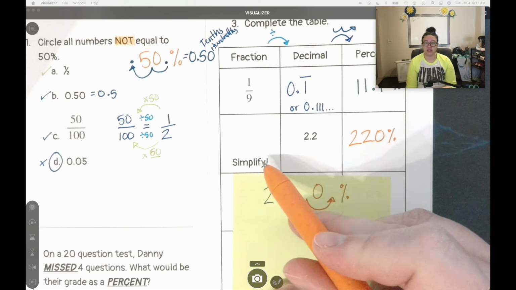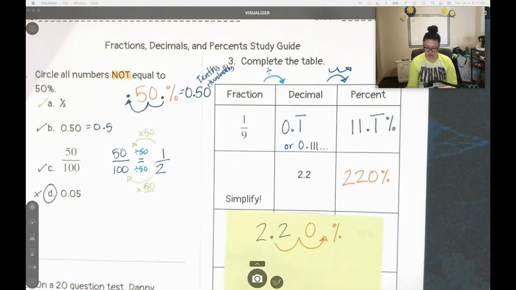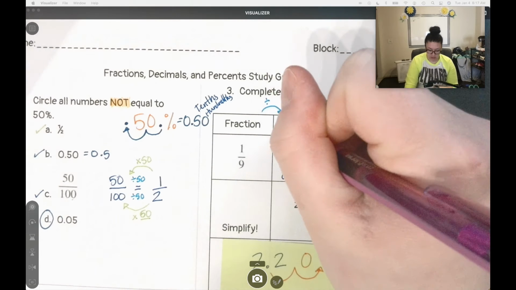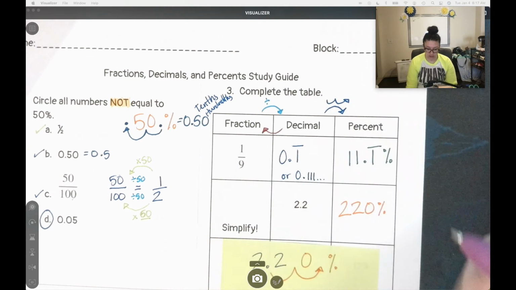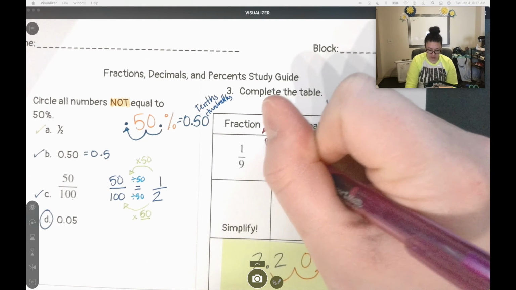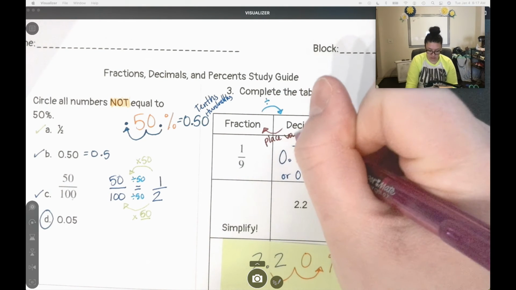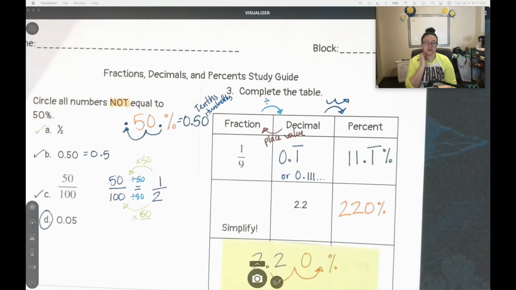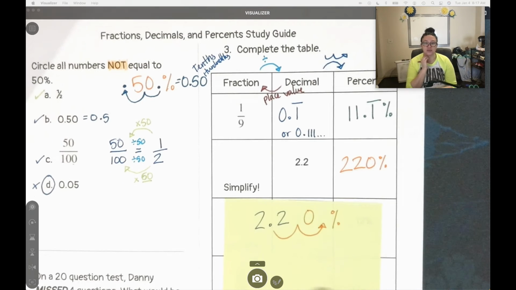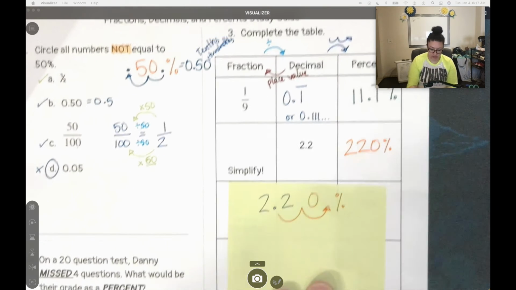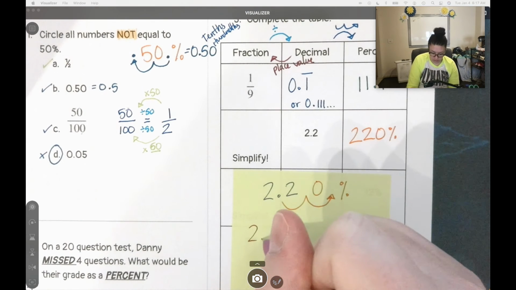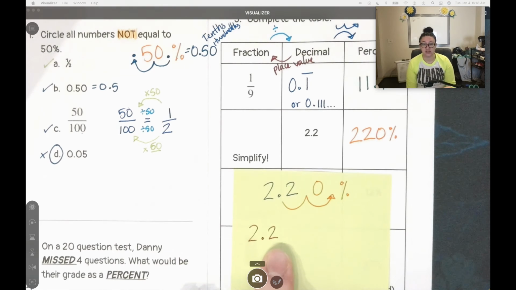And now we have to go from a decimal to a fraction. Decimal to a fraction, we look at place value. So we have 2.2. What place value is that 2 in?